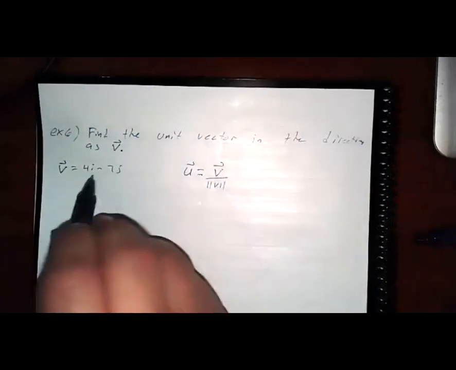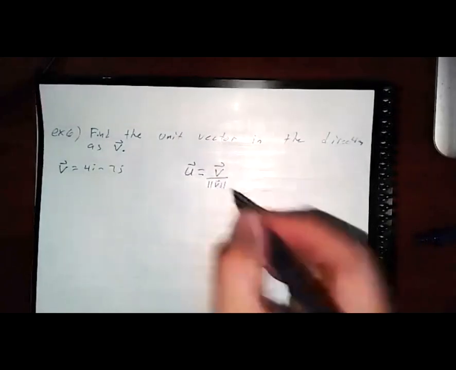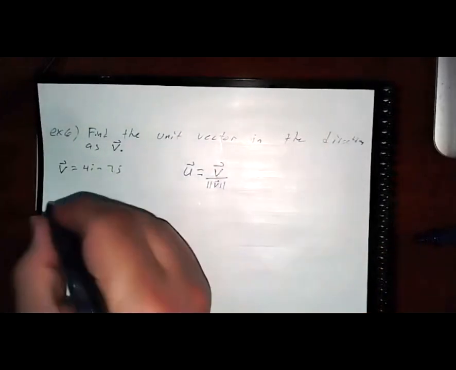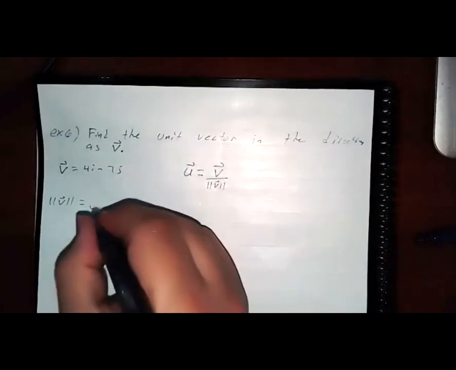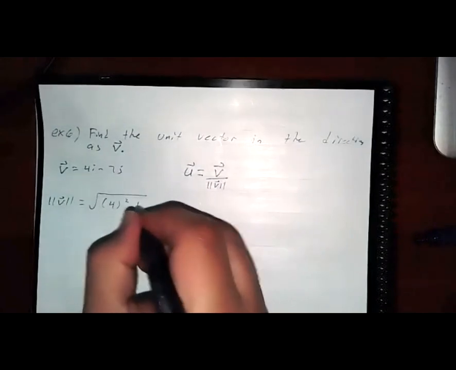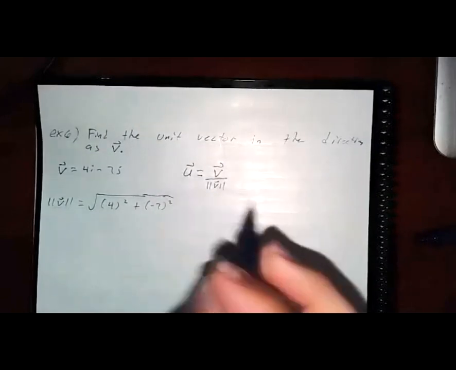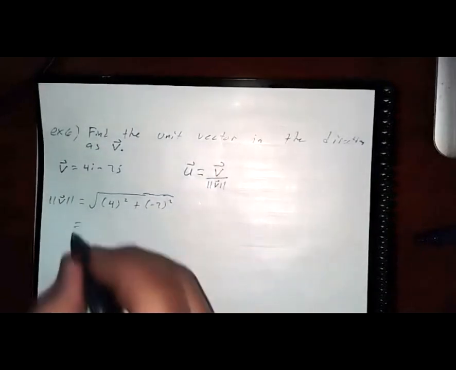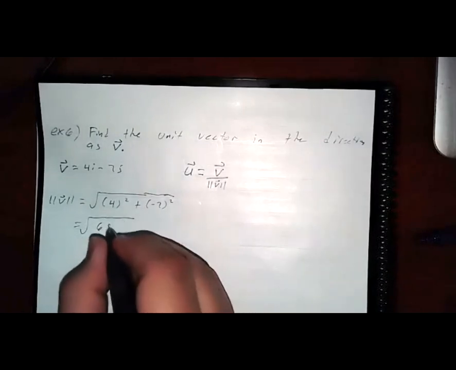But we have to find the magnitude first, right? So we have V. We need the magnitude of V. The magnitude of V is equal to the square root of a squared plus b squared, which will give us the square root of 65.